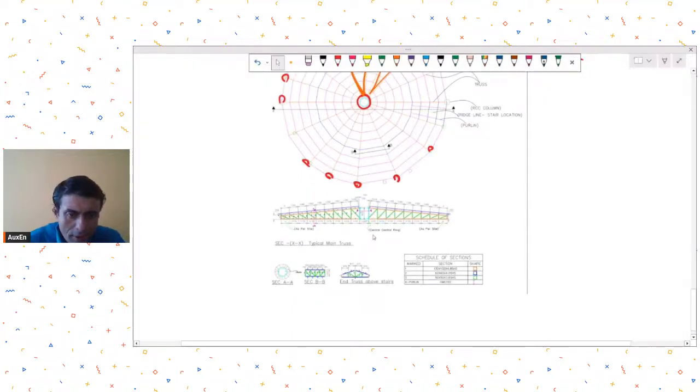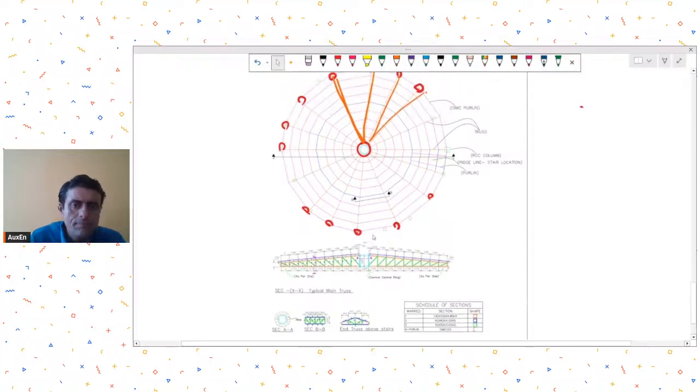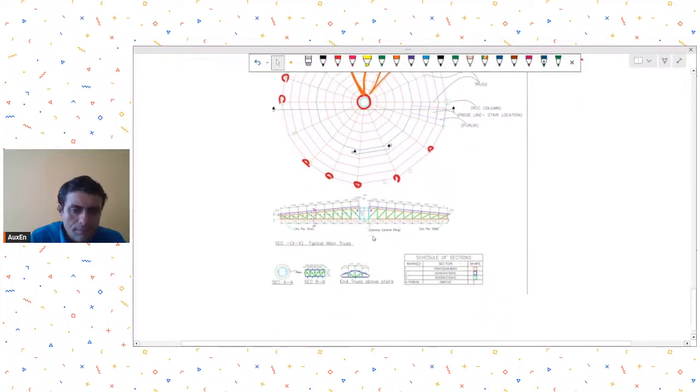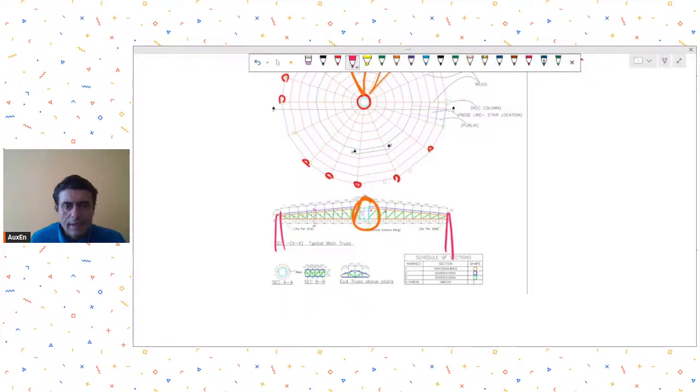So this is the system. The compression ring member is not quite clear from section BB. Okay, I think this is the compression ring, and it will be circular.